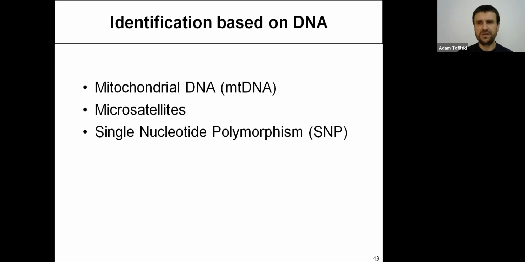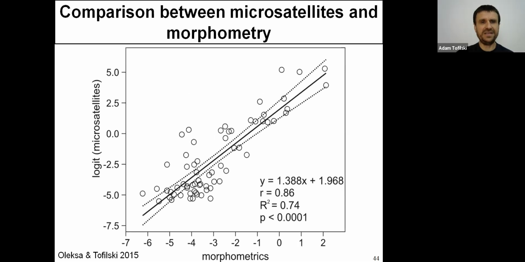but morphometry and Identify software you can use. I made a comparison with Andrzej Oleksa of how good the identification of subspecies based on morphometrics is in comparison to microsatellites. On this graph, you can see that there is high correlation.